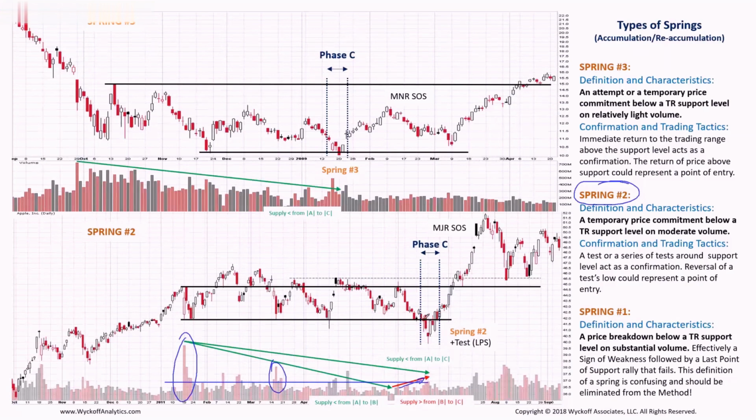It also might have a little bit more profound commitment to the downside with multiple closes to the downside, usually maybe 2, or a more significant penetration of the support. So we could see both from the price and the supply signature that it's more substantial, but yet the effect of the sprint is the same.